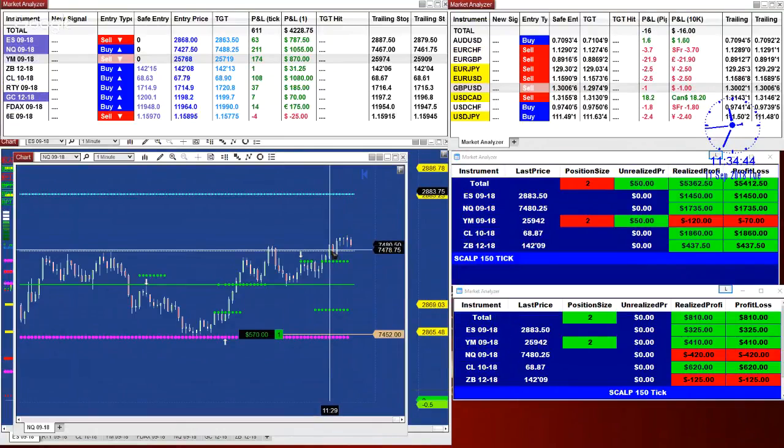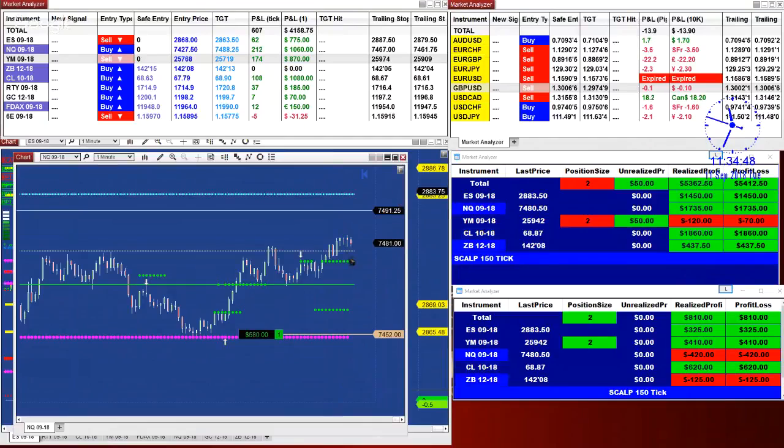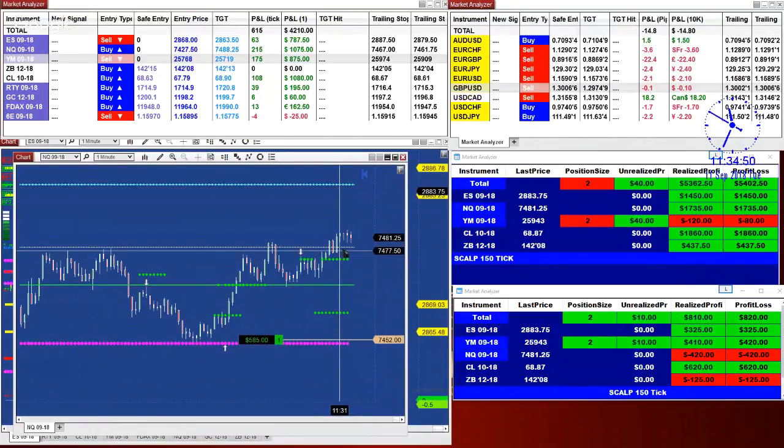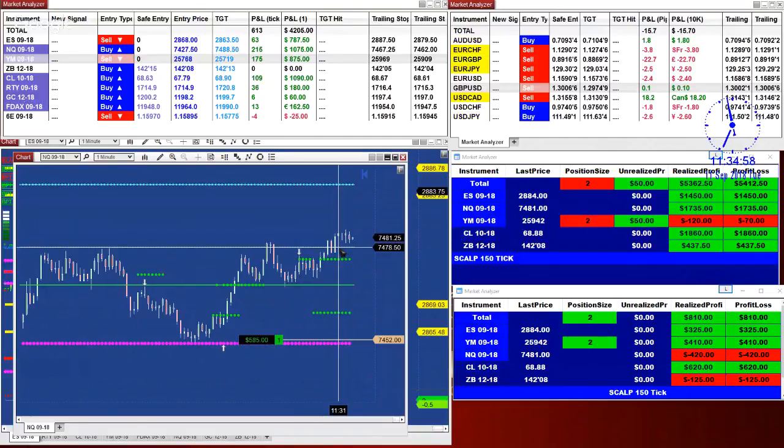And if we break that line, that means we are going farther down. Let's see. Let's look at 79, the 79 level, 78.50, if it's going to hold.